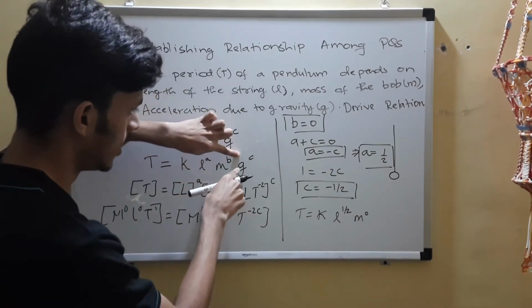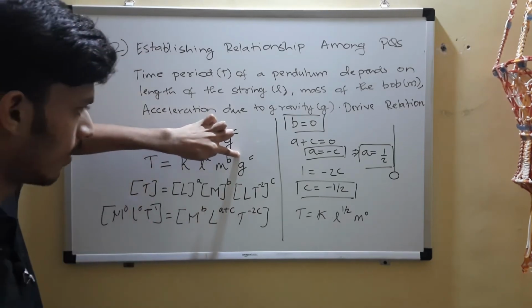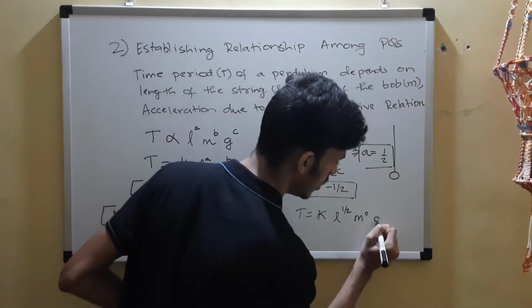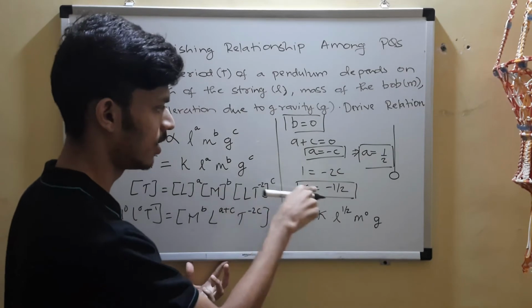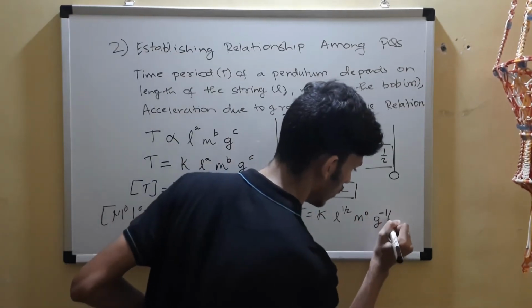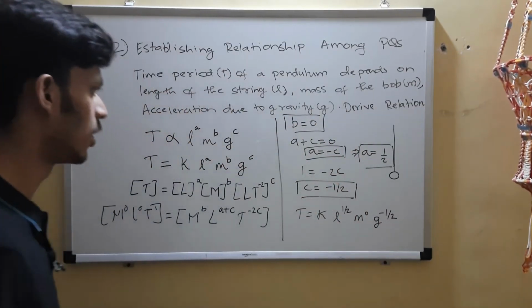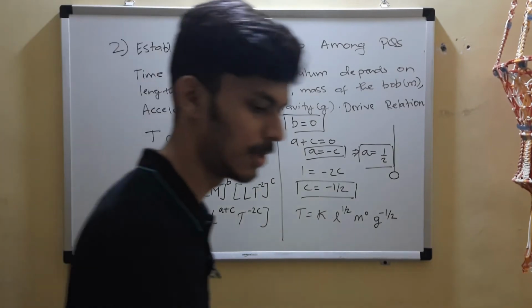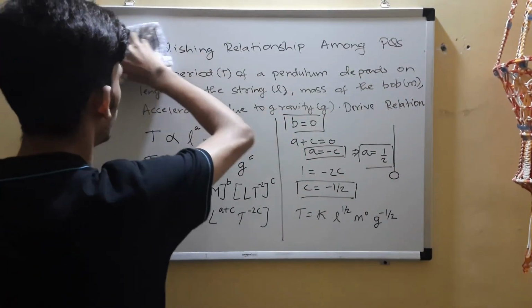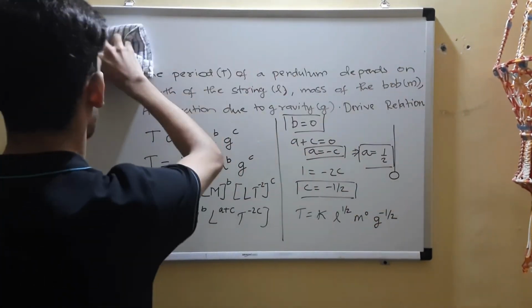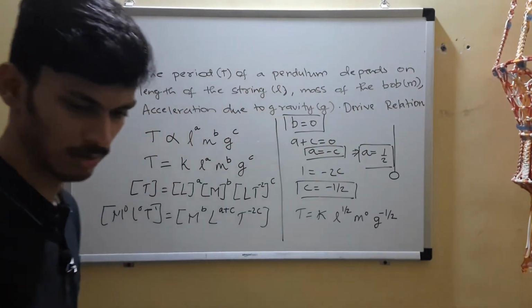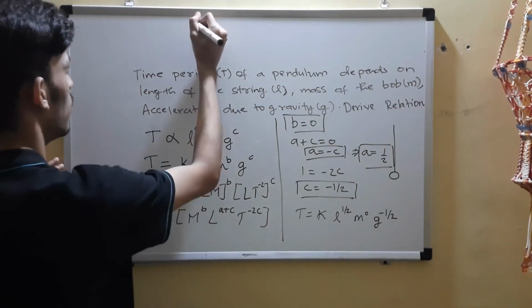Okay, anyways, G is acceleration due to gravity, which is raised to C, so C is minus half. Can we write it more clearly now? Let's create some space on top. So let's write that down.